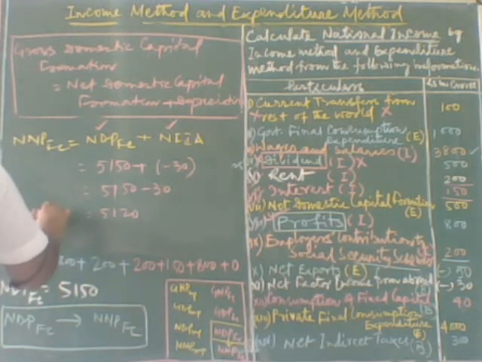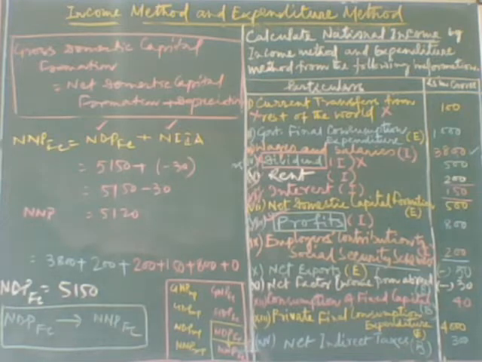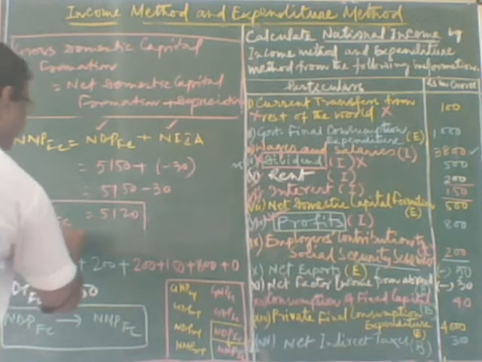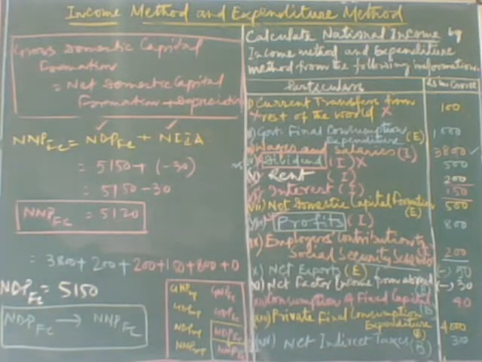So according to the income method, the national income, that is NNP factor cost, is equal to 5,120.